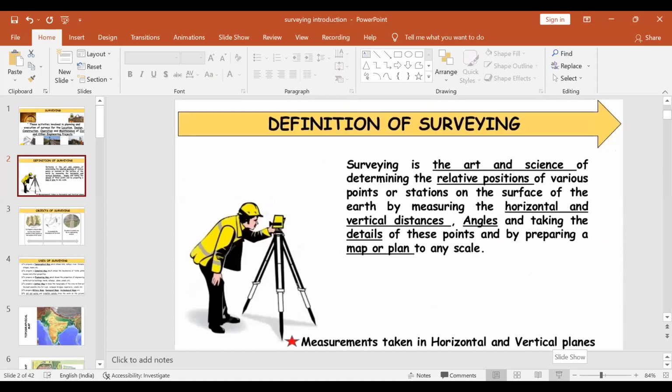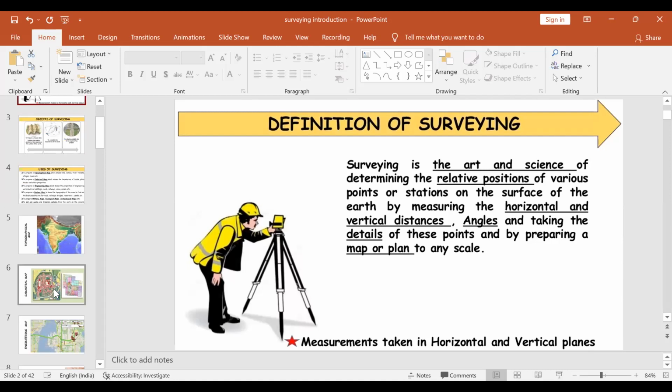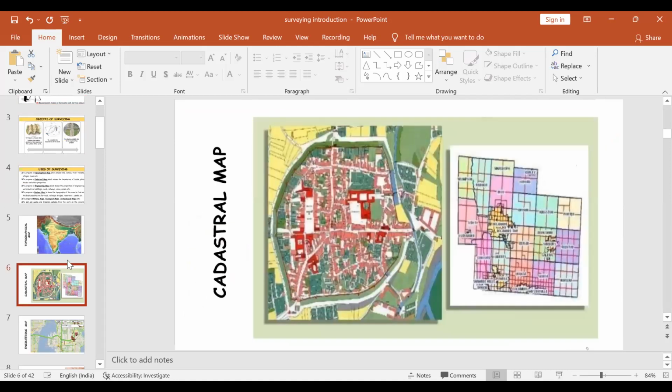The main definition of surveying is the art and science of determining the relative positions of various points or stations on the surface of the earth by measuring the horizontal and vertical distances, angles, and taking the details of these points, and by preparing a plan or map to any scale. That means, look at this map.